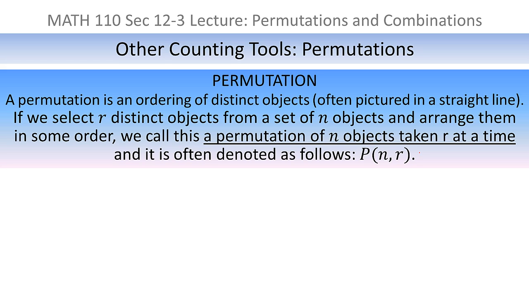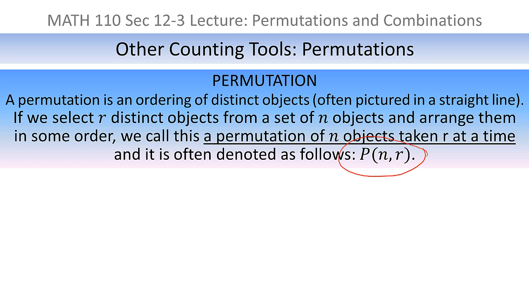And we use this notation, capital P with n comma r in parentheses after it, and that's read a permutation of n objects taken r at a time. So the distinction is that when you're taking them all, it's just called a permutation, and you calculate it by doing n factorial. If you're taking a subset, but you're still arranging in order, that's called a permutation of n objects taken r at a time. And it has its own formula.